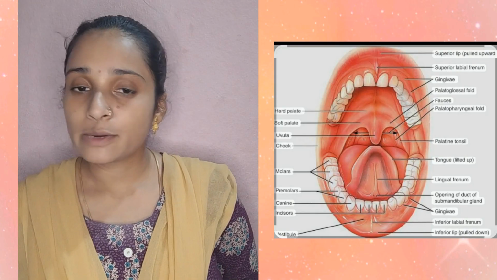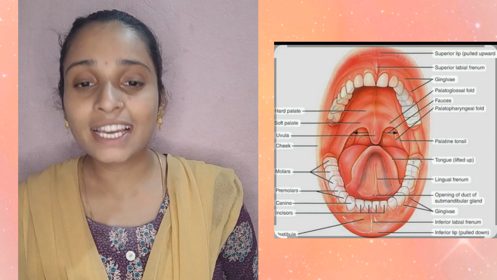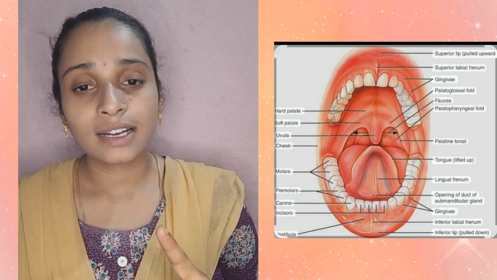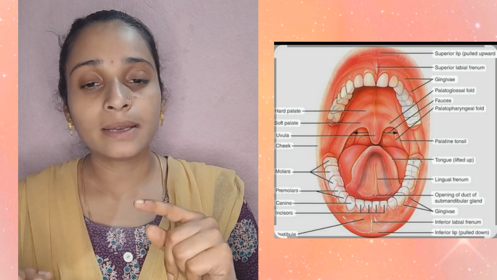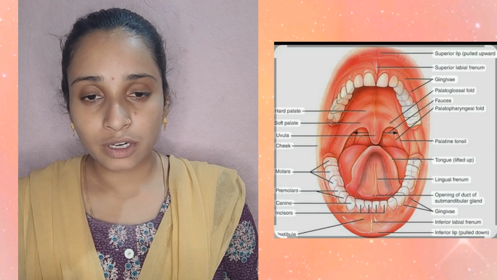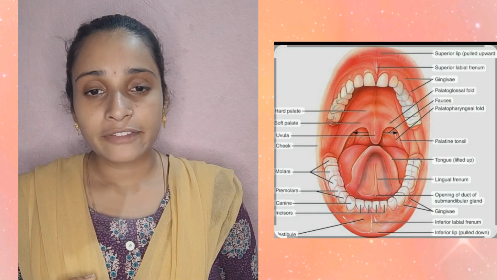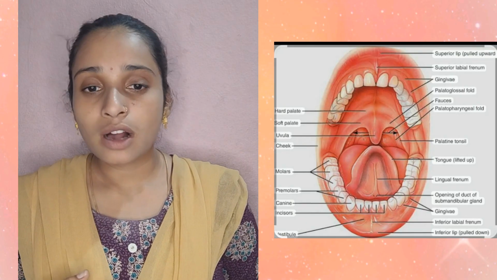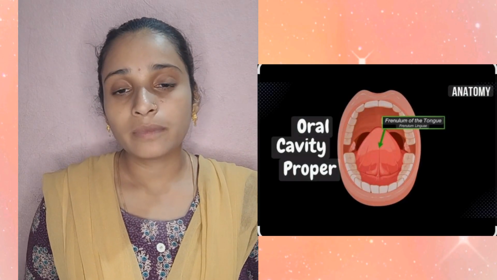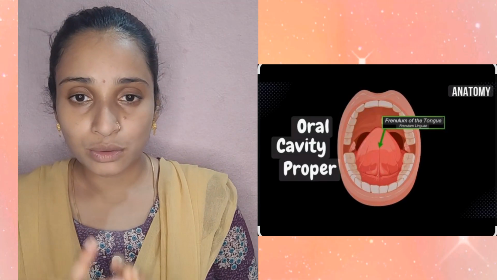How many parts are involved in this oral cavity? The vestibule and the oral cavity. In this, teeth, gums, lips, then tongue, then floor of the mouth, then tonsils and salivary glands are present. Uvula is also present. Here I am mainly dividing the parts anatomically into two types.